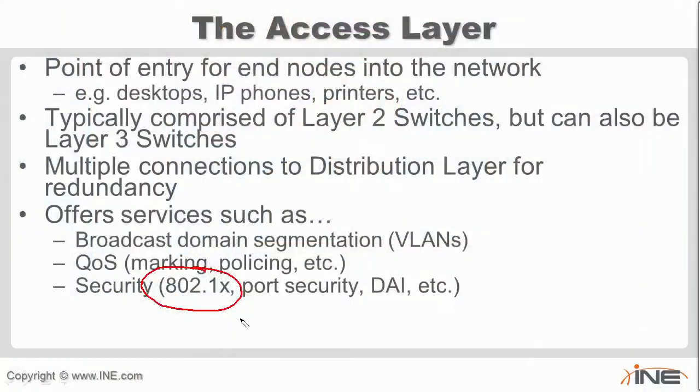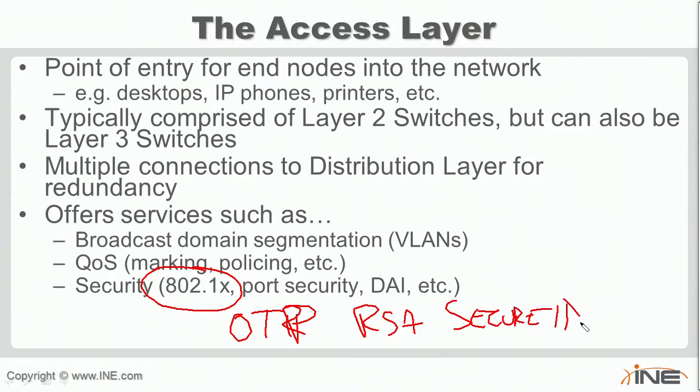It could be something like a one-time password, like an RSA SecurID, where you have one of those physical dongles that you plug into your machine, and then that allows you to get onto the network. This is mainly what the job of 802.1x is. To take our authentication databases, if we're running like Windows Active Directory or some sort of other authentication mechanism, we need to get that to talk to the access switches to see who can actually get onto the network to begin with.